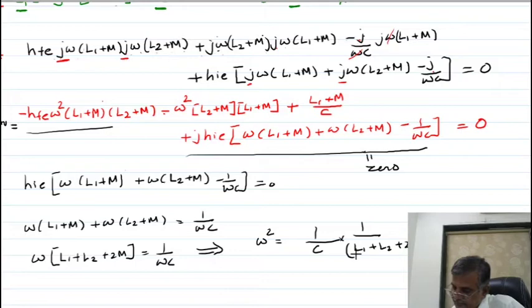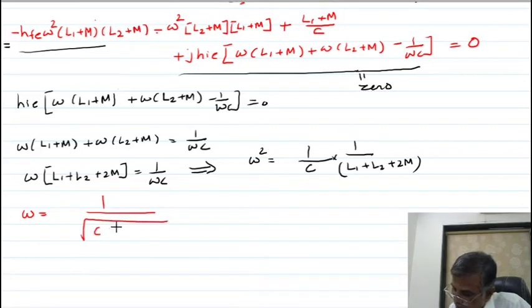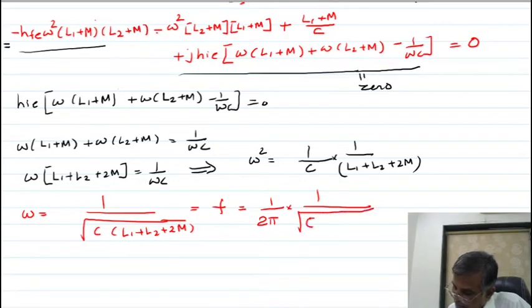Now, omega is 1 upon root of C into (L1 plus L2 plus 2M). So the frequency of oscillation in a Hartley oscillator is given by the most important equation: 1 upon root of C into bracket L1 plus L2 plus 2M.